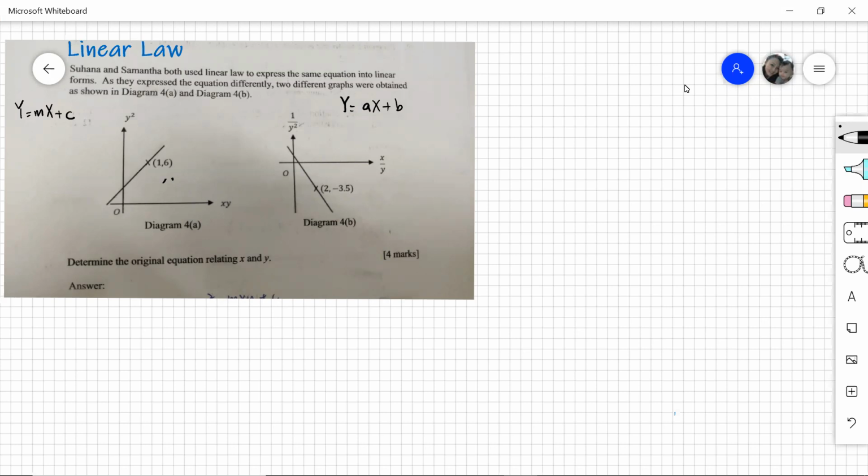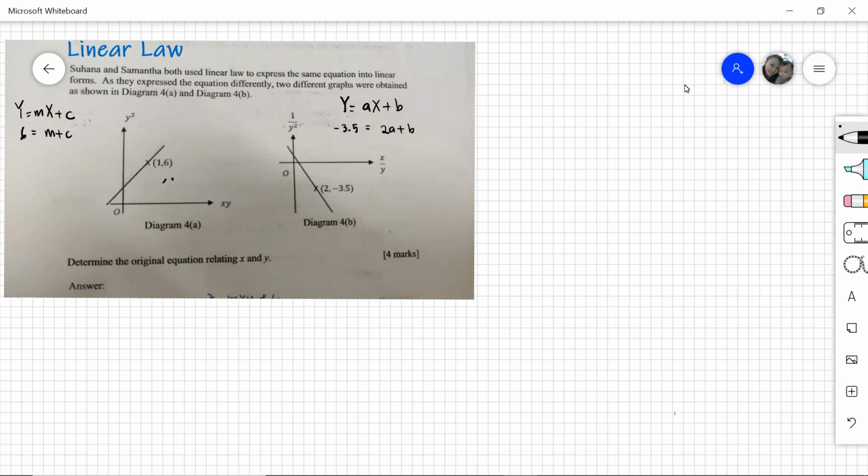So we just put the value in. We have 6 equals m plus c. And for this side, we have negative 3.5 equals 2a plus b.